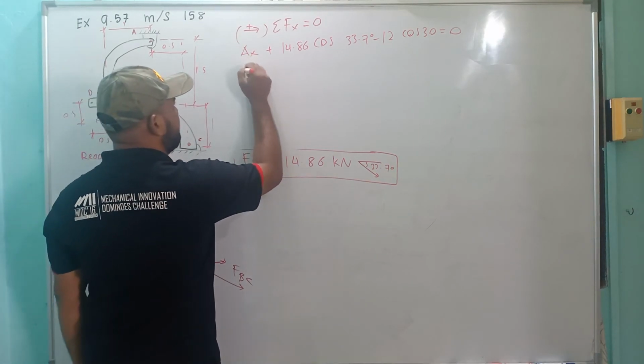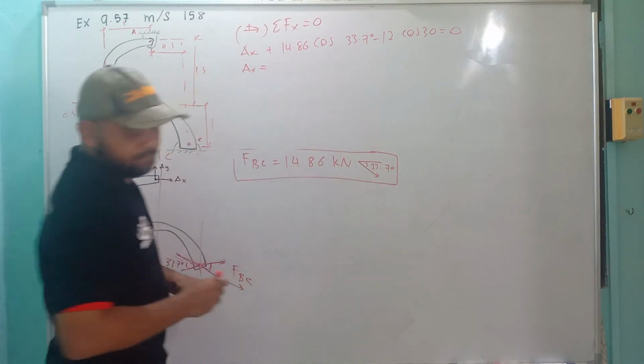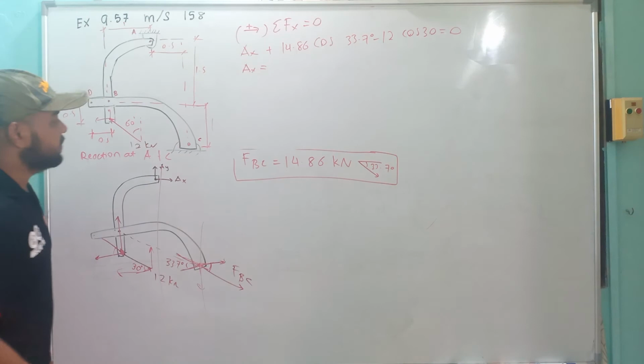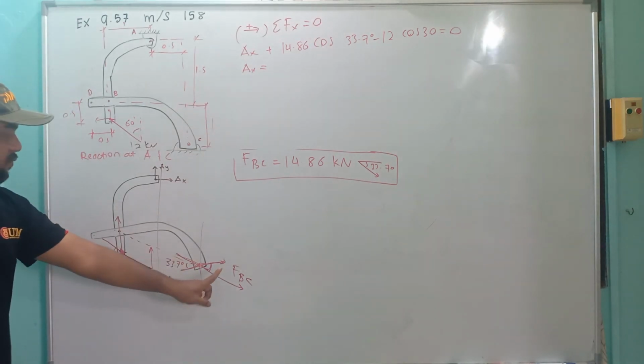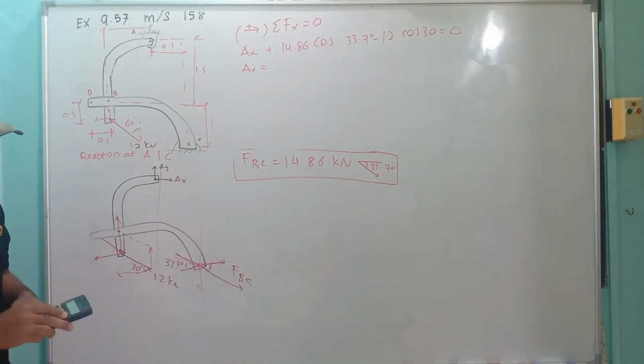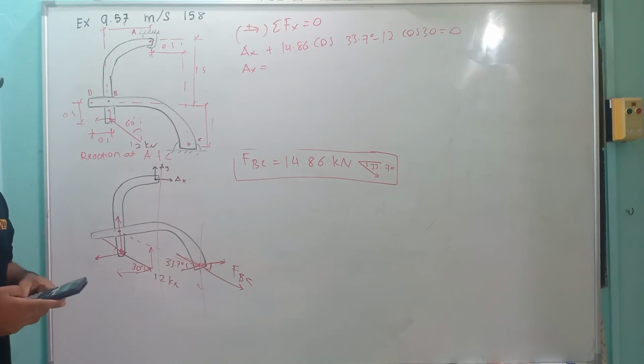From here you have the Ax equal to, okay, only 1 and 2, because one from here, the other one is from here. So x minus 14.86 times cos 33.7.